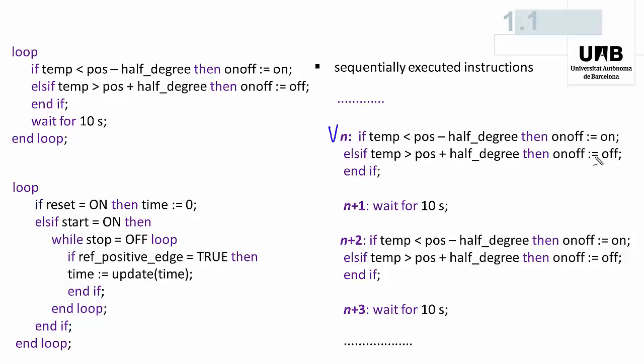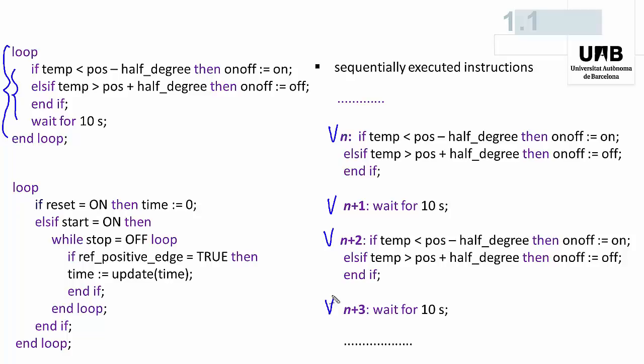At time n plus 1, according to this algorithm, the executed instruction will be wait for 10 seconds. Then the next one, according to the loop construct of this algorithm, will be the same as the instruction executed at time n.